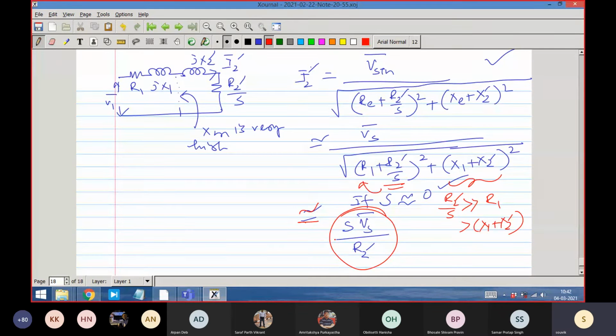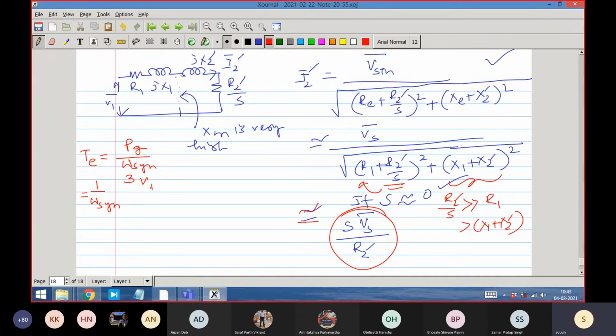Okay. So by putting this value of current, we can write the torque expression as this. Electromagnetic torque is equal to, you remember, it was nothing but PG by omega sin, and that is now equal to 1 by omega sin into 3 into I square R2 dash by S. We have to write I square.